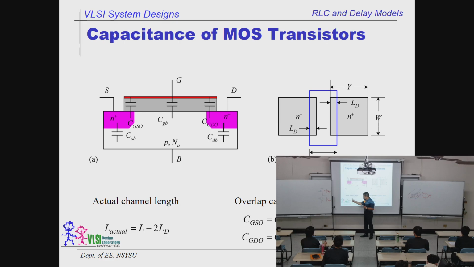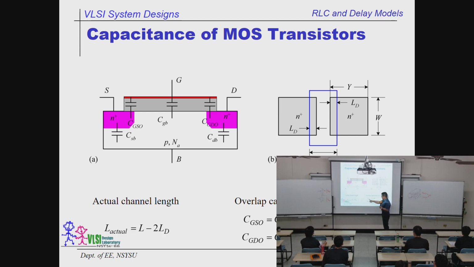In the layout, this is what we draw with the L. But in fact, after fabrication, because of the diffusions on both sides, the real L is slightly shorter than the length that we draw by about this difference. So the channel length is not the same as we draw.